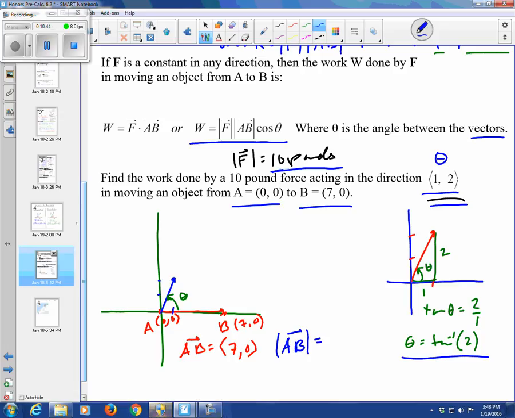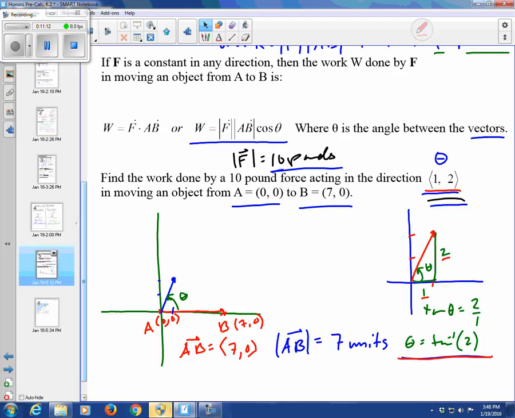We're moving 7 units along the x-axis, so the distance there is just going to be 7 units. And we can determine the angle theta from inverse tan of 2, which is the ratio of the opposite to the adjacent for the reference triangle we've created with our direction vector 1, 2.